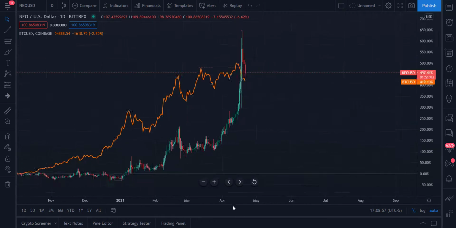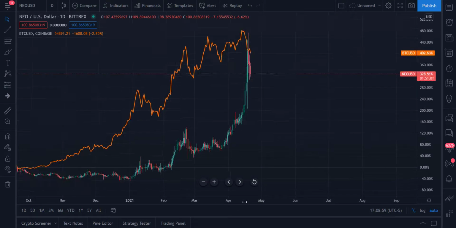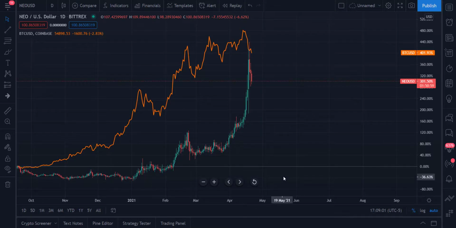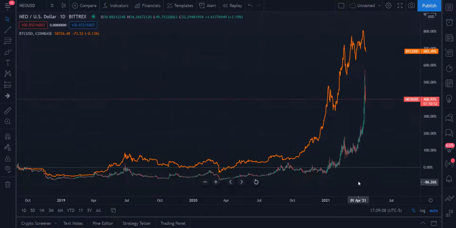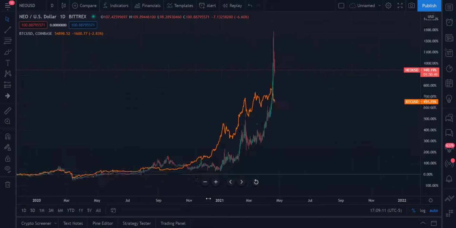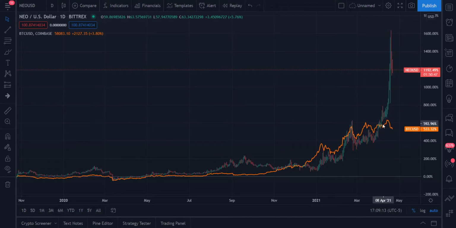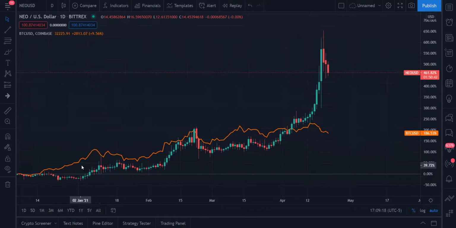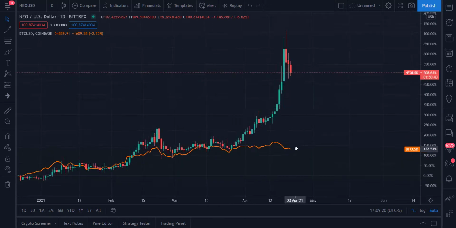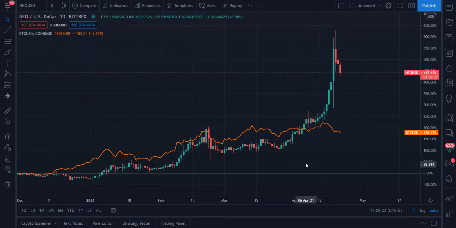I was hoping to be able to get a better look at how this coin is, let me stretch this out. Sorry. The problem is it's giving me some challenges. There we go. Come on, Bitcoin.